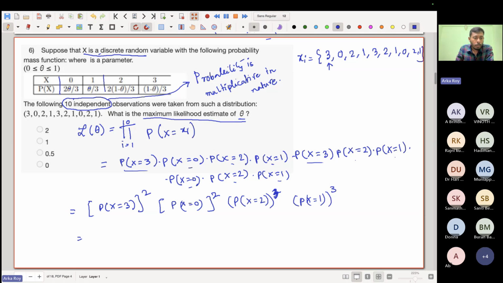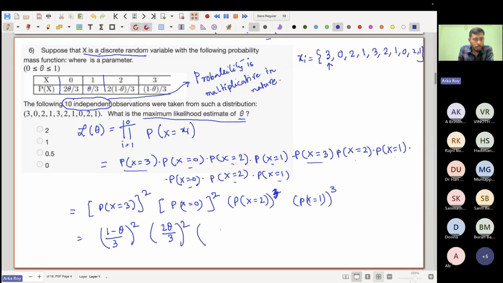So the corresponding probability functions, or the parametric form, is basically given as 2 theta by 3 for 0. For the third case, it is 1 minus theta divided by 3. Yes, then you have square over here. For x equal to 0, it would be 2 theta by 3 whole square.